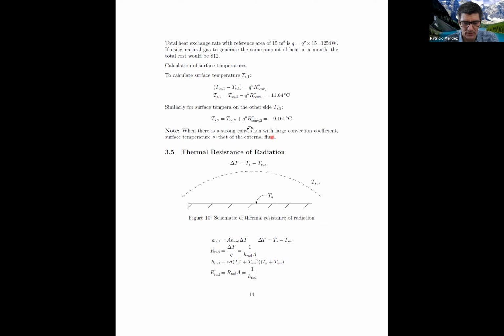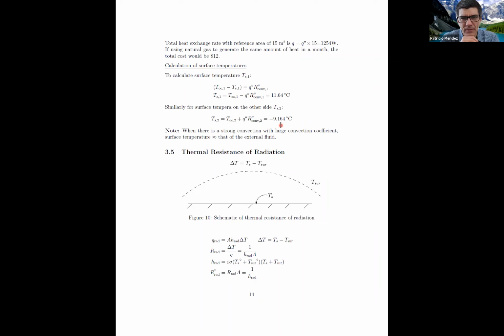In the outside, doing the same procedure we did before, we would get that the wall outside is at minus 9 point something degrees. The air was at minus 10. So in the outside, the temperature of the wall, on the surface of the wall, is more or less the same as the temperature of the outer fluid.